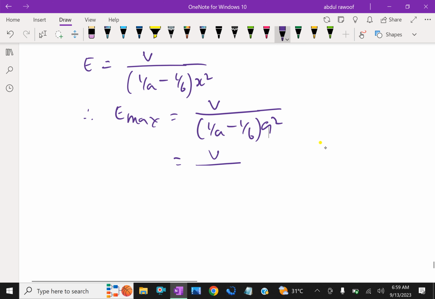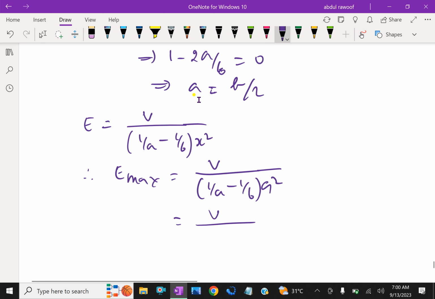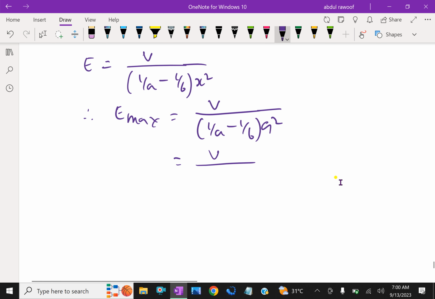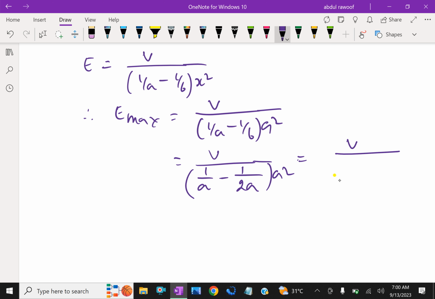That means B equals 2A, so 1 over A minus 1 over 2A, times A square, which is equal to V over A square by A is A minus A square by 2A is A by 2.